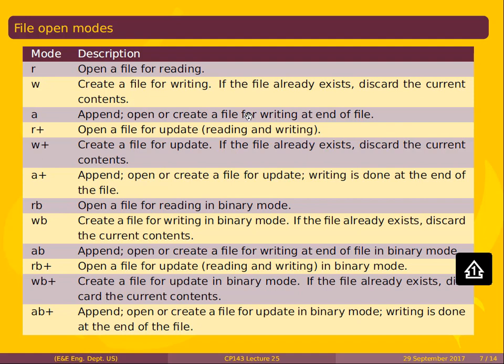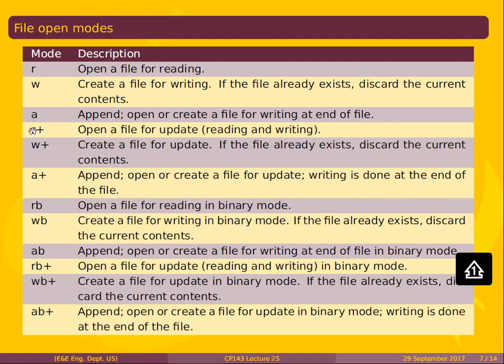Well, in that case, the content of that file is going to be discarded. But if you don't want to wipe the content that's already in the file, you can also open the file with this specifier A. What this specifier A will do is it will append. So any new content will be written at the end of the file.